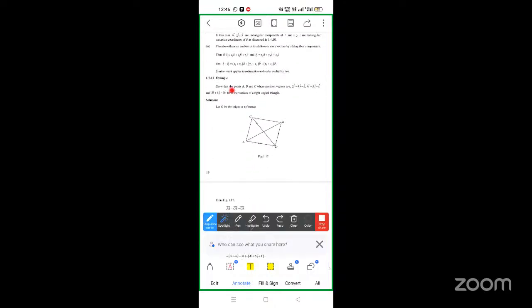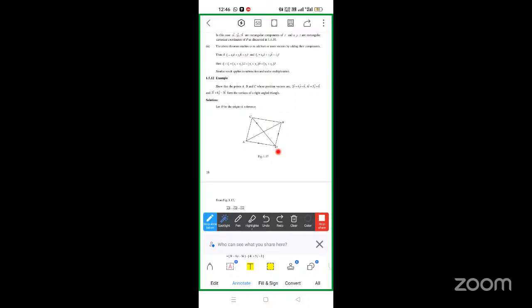Next, show that A, B and C, whose position vectors are 2i + 4j − k, 4i + 5j + k, and 3i + 6j − 3k, form the vertices of a right angle triangle. Solution. Let O be the origin of reference.